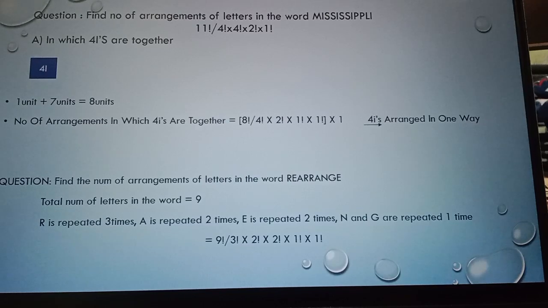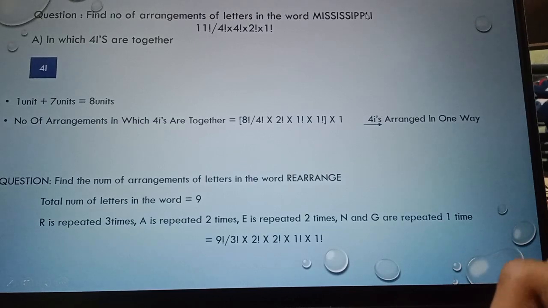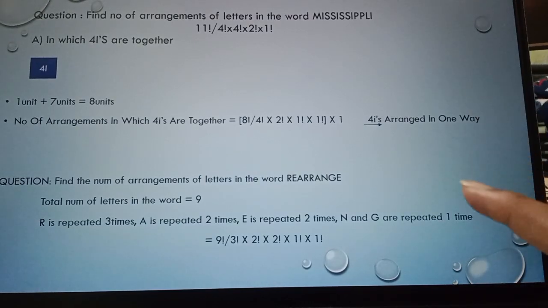So it is 11 factorial divided by the repetitions; we have to see how many types are repeated. Here I is repeated 4 times, so 4 factorial. S is also repeated 4 times, so 4 factorial. P is repeated 2 times, so 2 factorial, and the other element, M, is repeated only once.